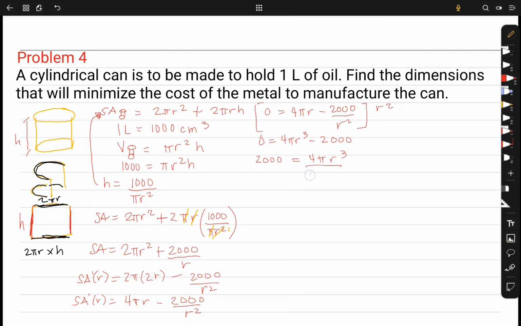So, we divide by 4 pi. Of course, this cancels. So, our 2,000 is divisible by 4, so we could say that is 500 all over pi.